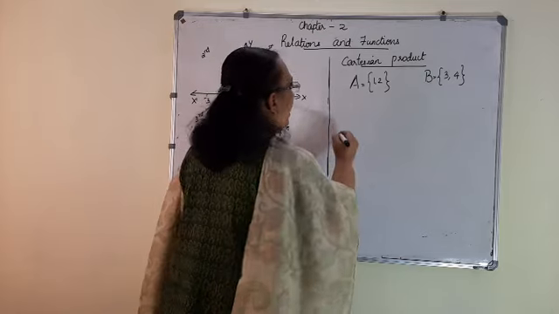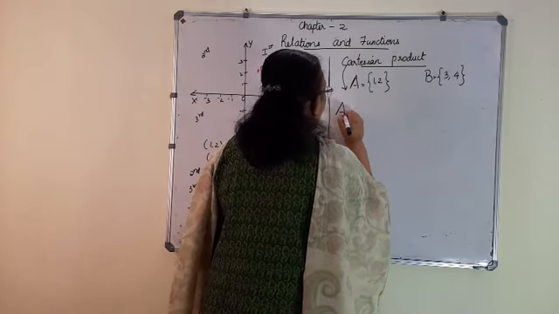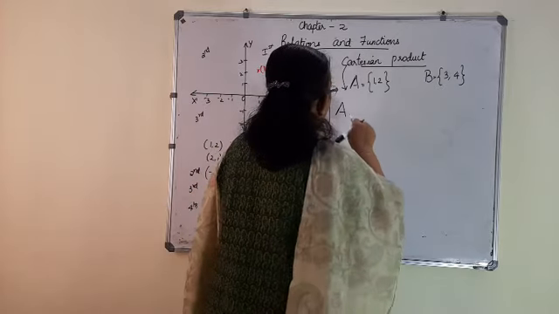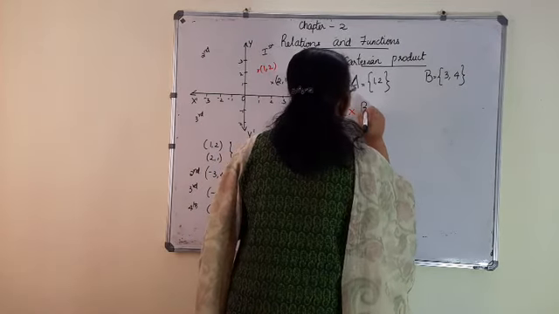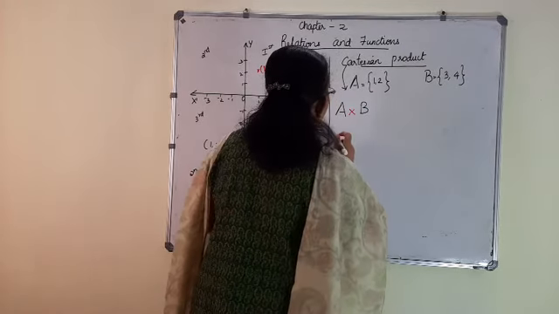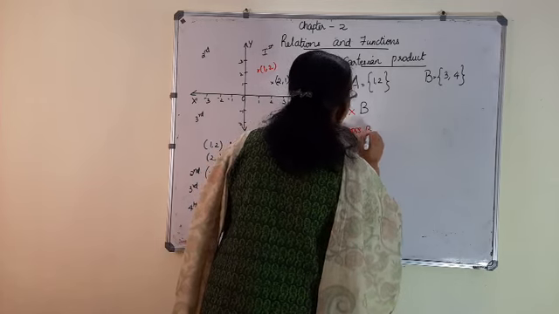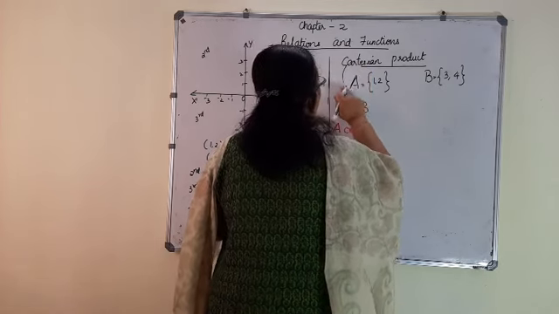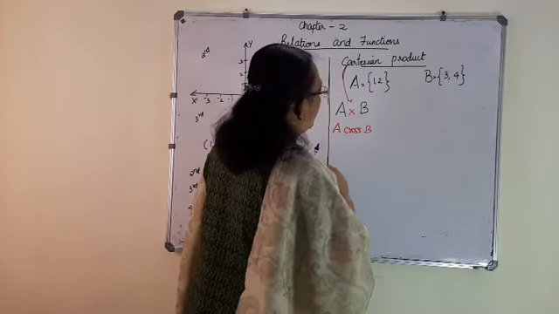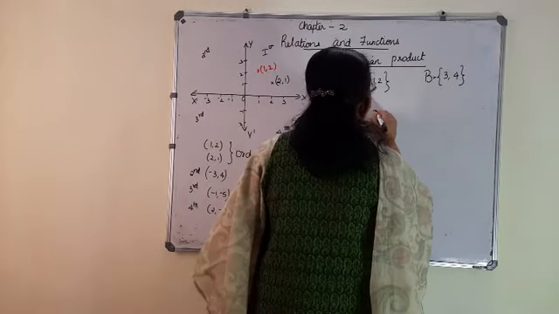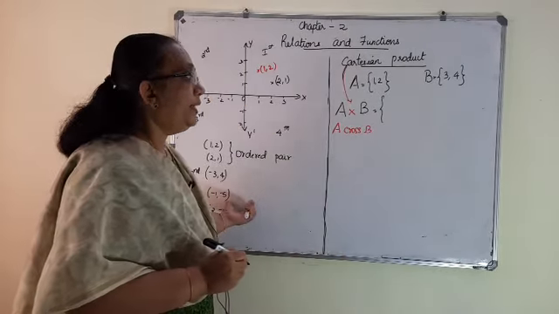The Cartesian product of A and B is written as A cross B, and it is read as A cross B. A cross B is equal to the set of ordered pairs.